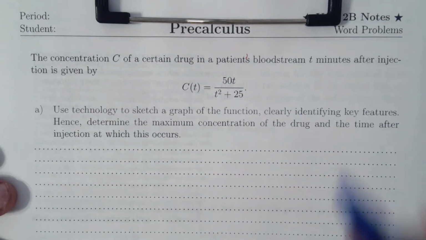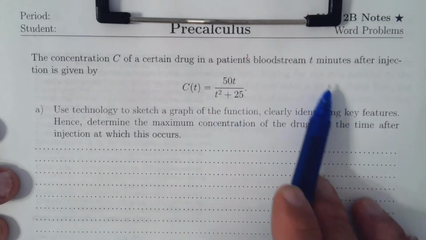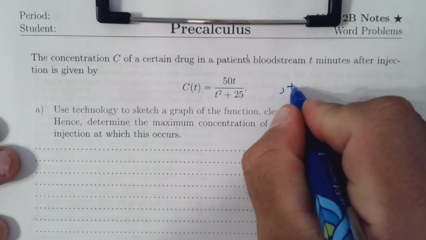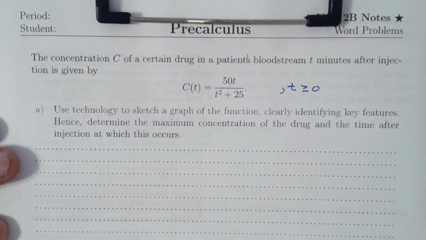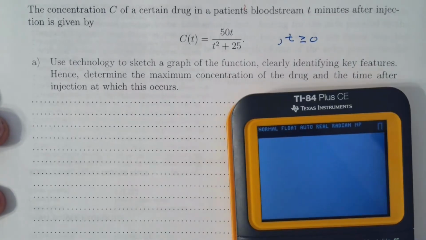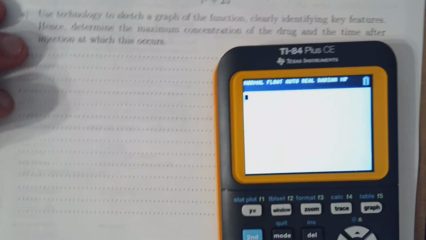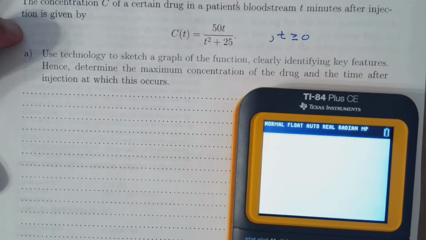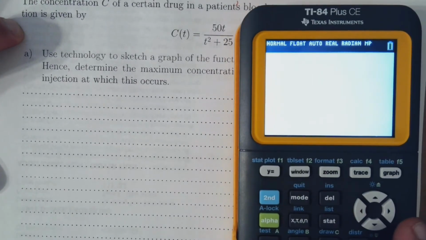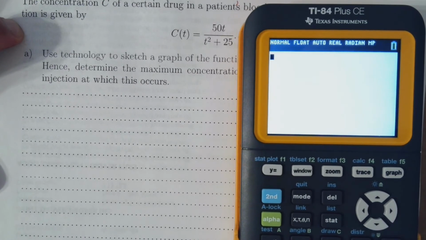Since this is t minutes after injection, t is going to have to be greater than or equal to 0. So let's go ahead and use our technology, the TI right over here for now. Let me slide this up so we can see a little more.